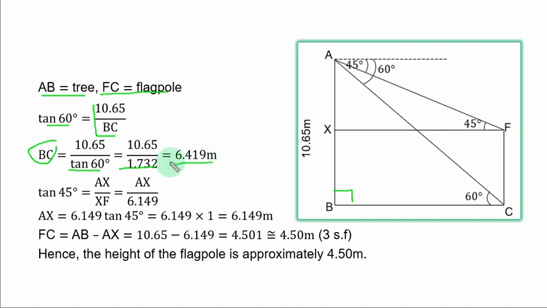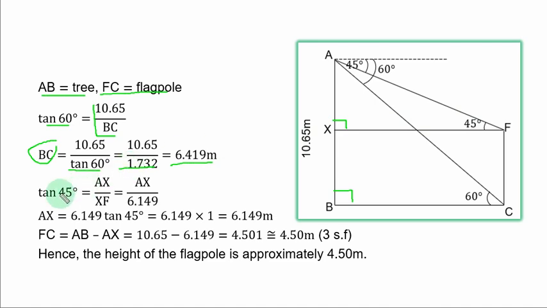Now let's get AS by considering triangle ASF. In that triangle, we're looking for AS. So AS is opposite, SF is adjacent, that is the same tangent, but the angle of interest is 45 degrees.